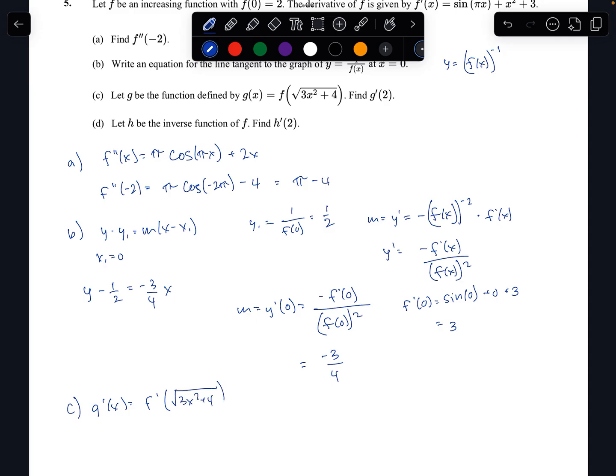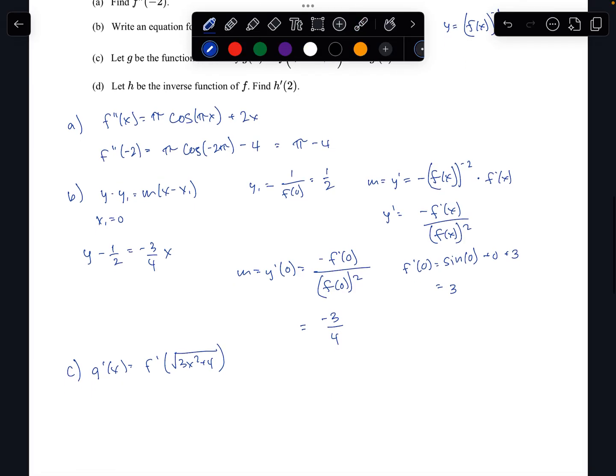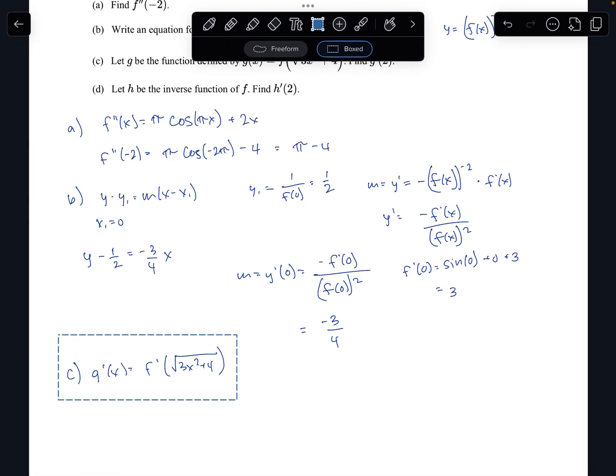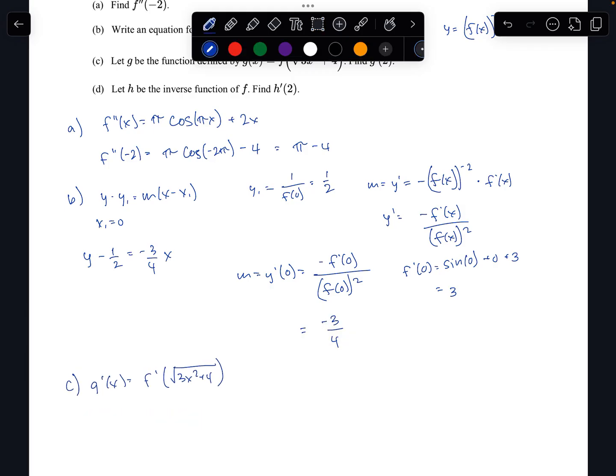Then we'll multiply by the derivative of the square root, which will also need a chain rule. So this is going to require 2 chain rules. So we're going to have to multiply by the 1 over 2 square root of 3x squared plus 4. Then we'll have to multiply by the derivative of the inside here, which would be times 6x.